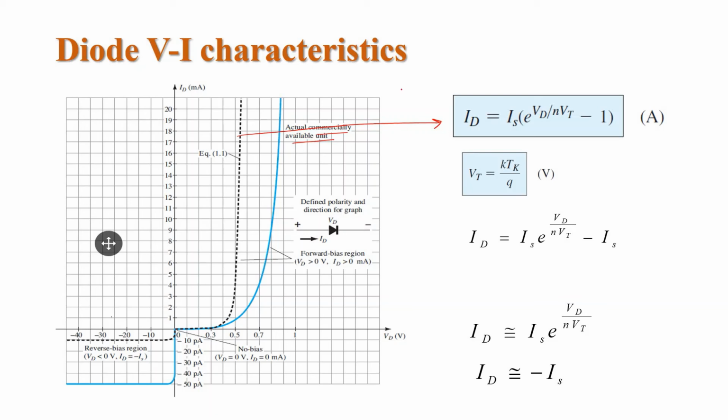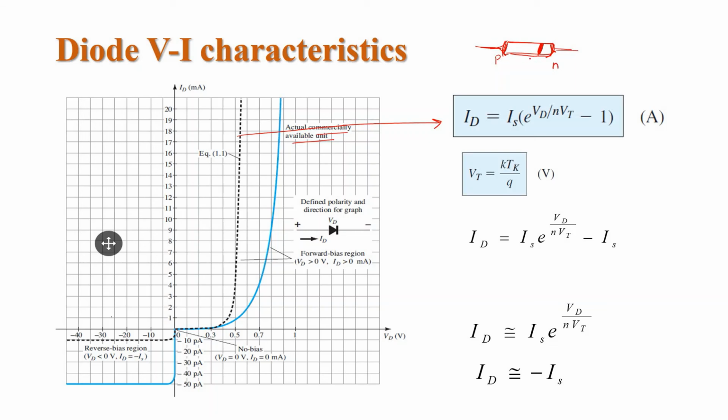So the difference is that a practically available diode has some body resistance of its own, and it also has contact resistances. So there are drops across the diode because of this contact resistance and because of the body resistance of the diode.